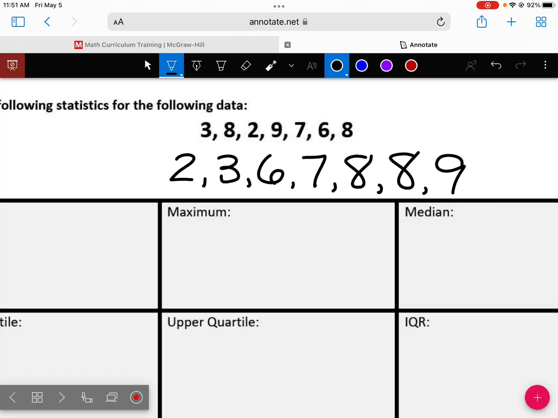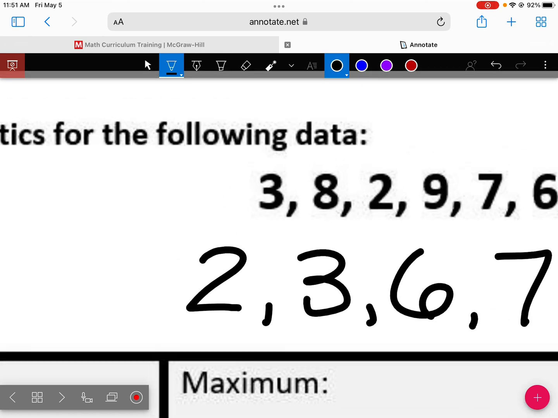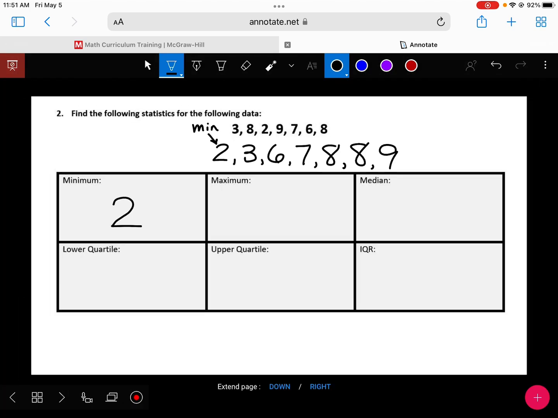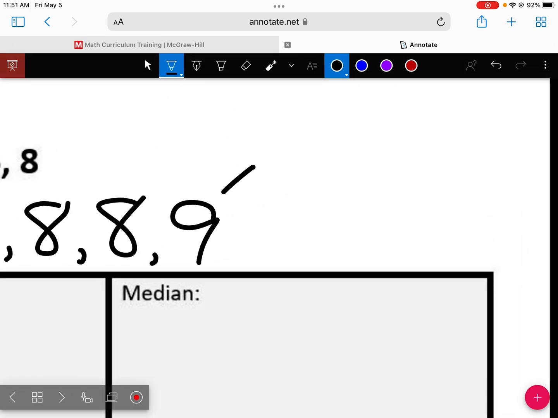So what is my minimum value? 2. So the minimum is 2. What is the maximum? 9.